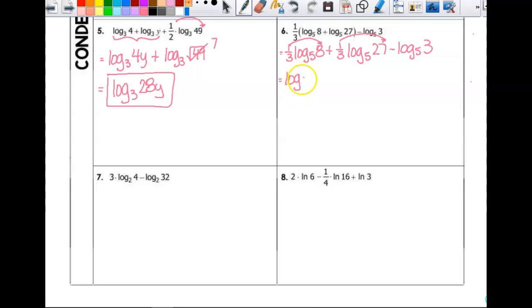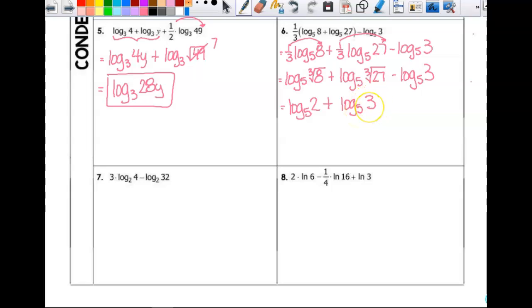So log base 5, that 1/3 is actually the cube root of 8. Plus log base 5, that 1/3 is going to be the cube root of 27 minus log base 5 of 3. Okay, everybody with me on all that? Now, what's the cube root of 8? 2. So this becomes log base 5 of 2 plus, what's the cube root of 27? 3.